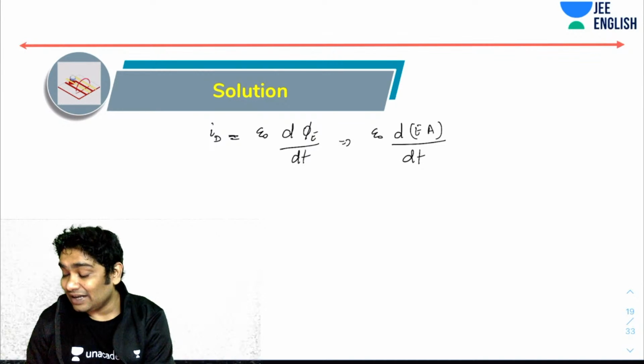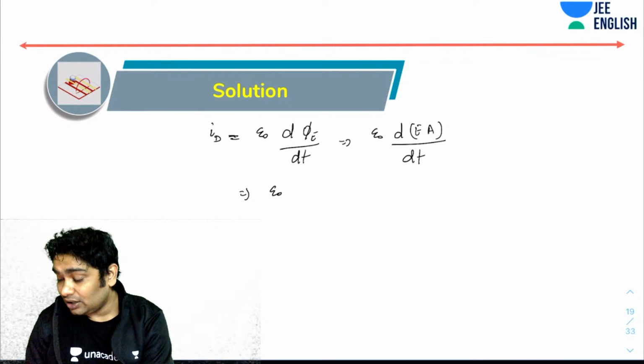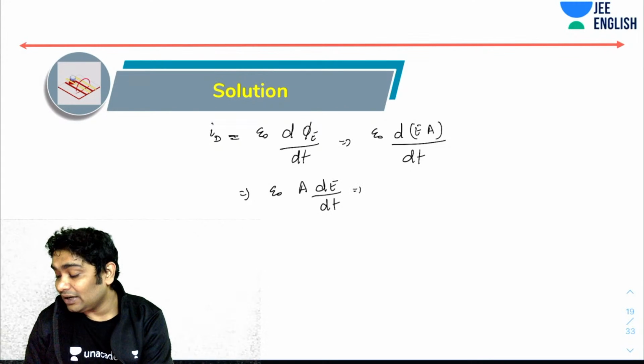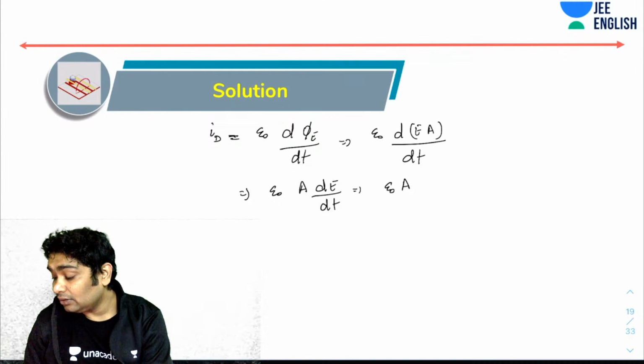I can write this as this, which again can be written as epsilon naught times A times d E by dt. Now this can also be written as epsilon naught A times d of sigma by epsilon naught, by dt.